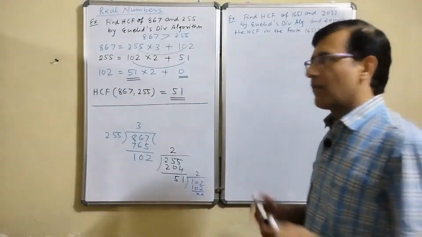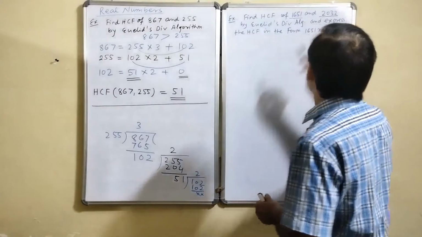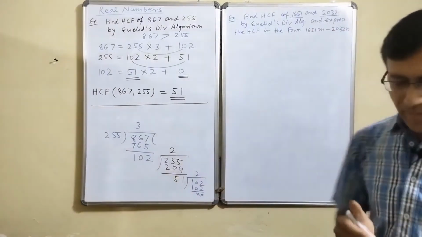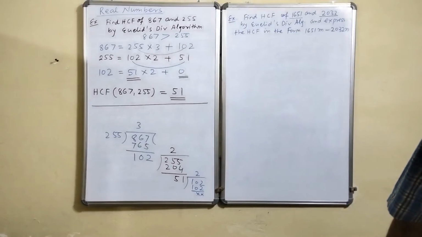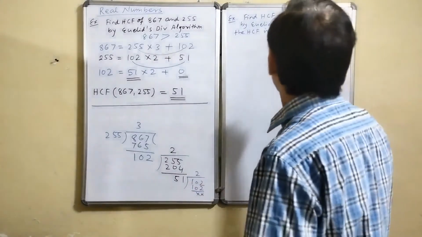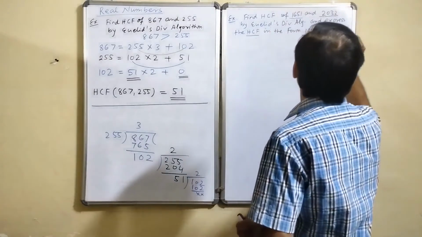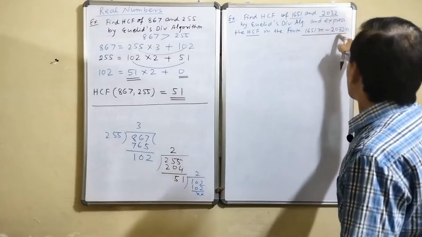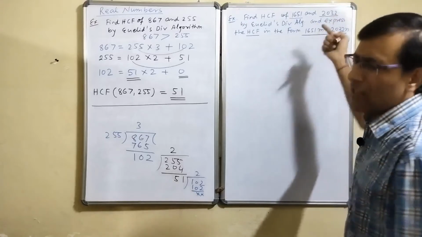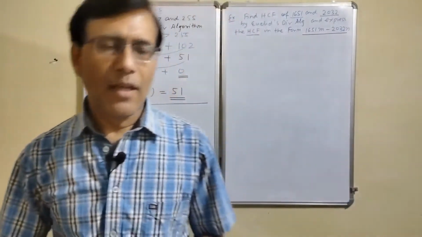Here we have to find out HCF of 1651 and 2032 by division algorithm, and we have to express it in the form 1651m and 2032n. Here sign may be positive or negative. We have to find out value of m and n.